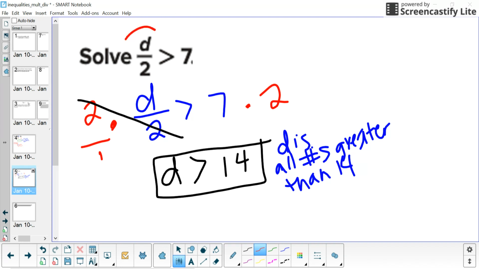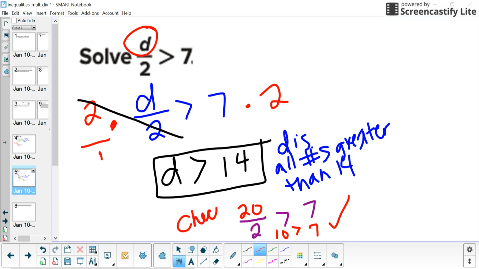So instead of d, I'm going to plug in 20. 20 divided by 2 should be greater than 7, which 20 divided by 2 is actually 10, which is greater than 7. So that does check out. Okay, so your answer is d is greater than 14. This is your answer, and then your check is down here at the bottom.